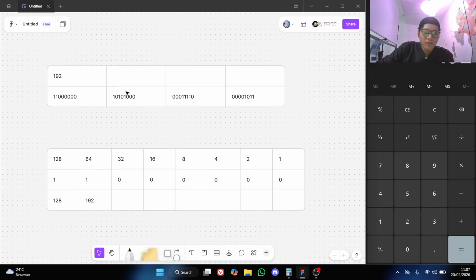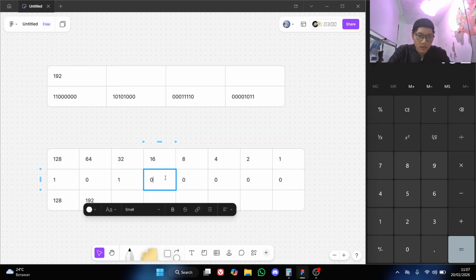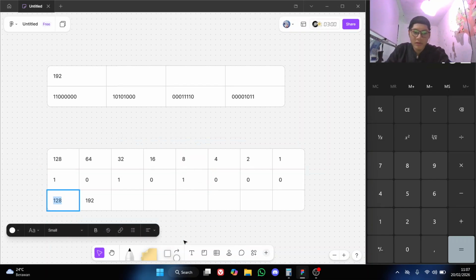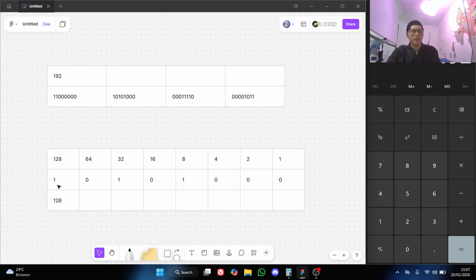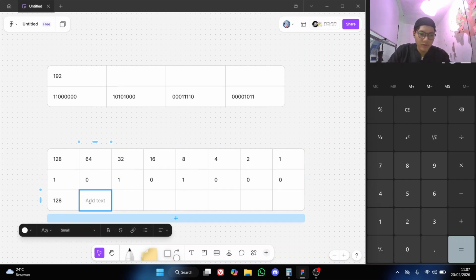Okay, now we have the second binary. It is 1, 0, 1, 0, and then 1, and then 0, 0, 0. So how do we make this? First we have 128, so it's 128. And then we have 64, but it's 0, so it's still 128.